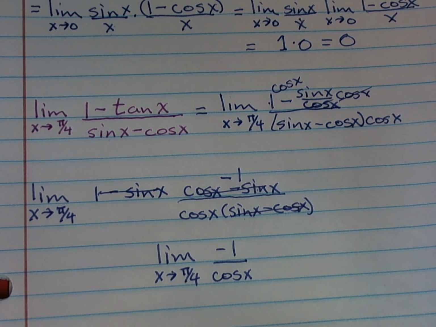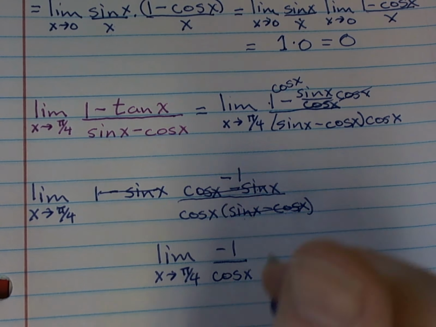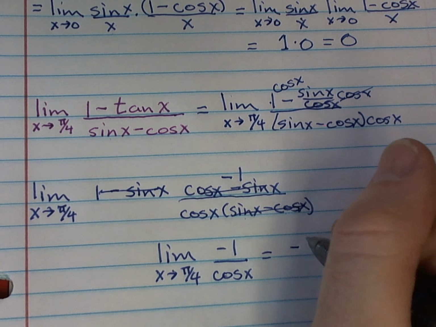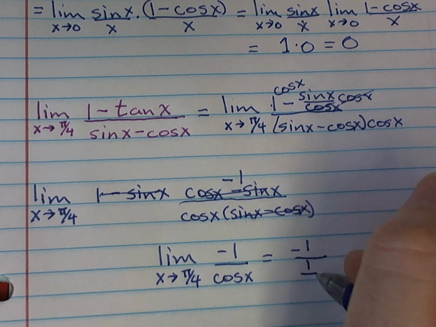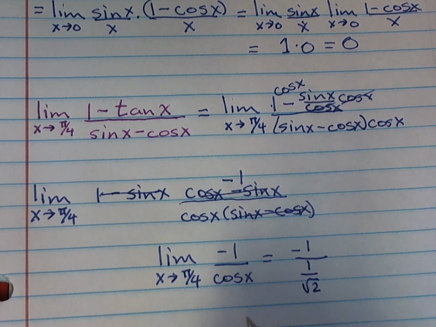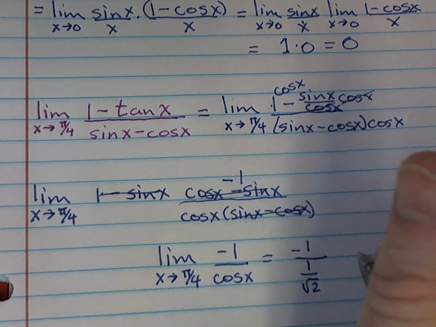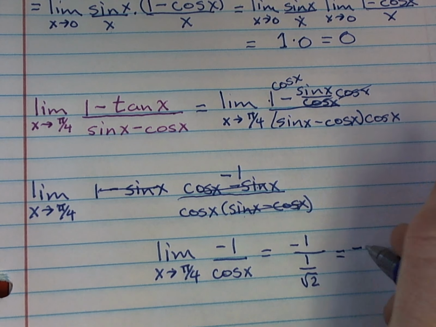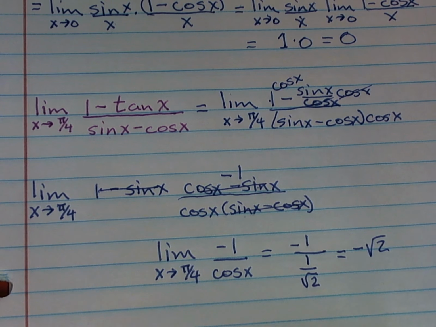Well, now it's kind of easy because all you got to do is plug in, right? Cosine, remember, is 1 over the square root of 2, or square root of 2 over 2. I'm putting it this way because now, notice I just flip it and I get negative square root of 2. So that's the limit there.